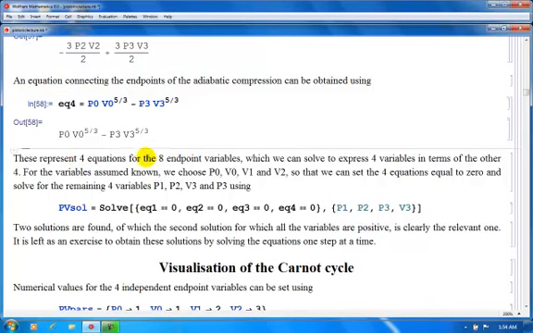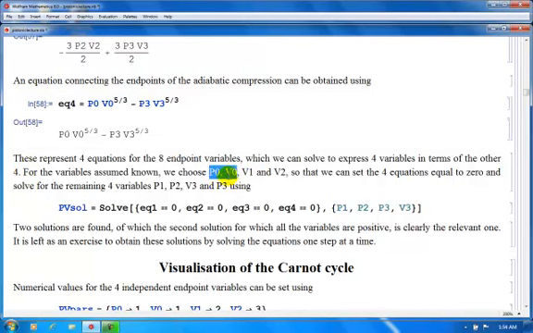So we can express 4 variables in terms of the other 4. It's up to us to choose the variables we assume known in some sensible way. For the variables assumed known, we choose P0, V0.